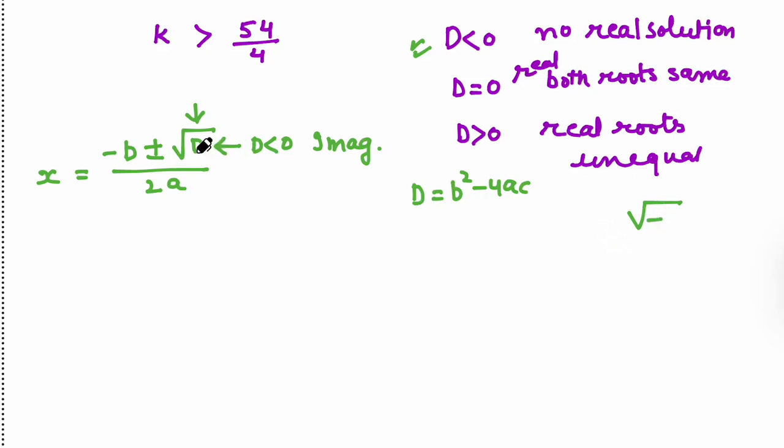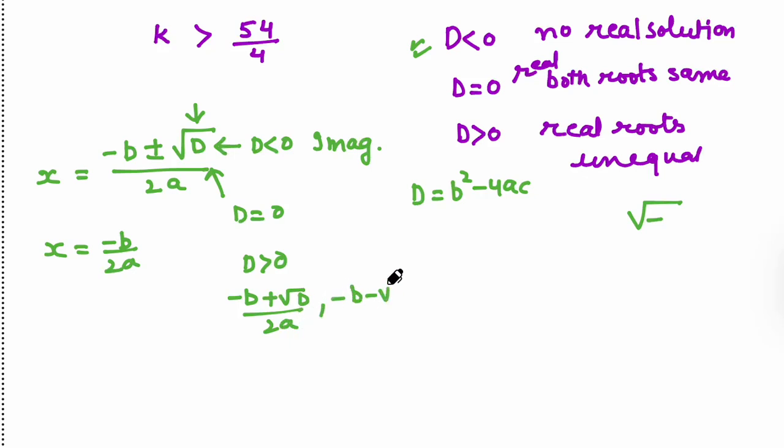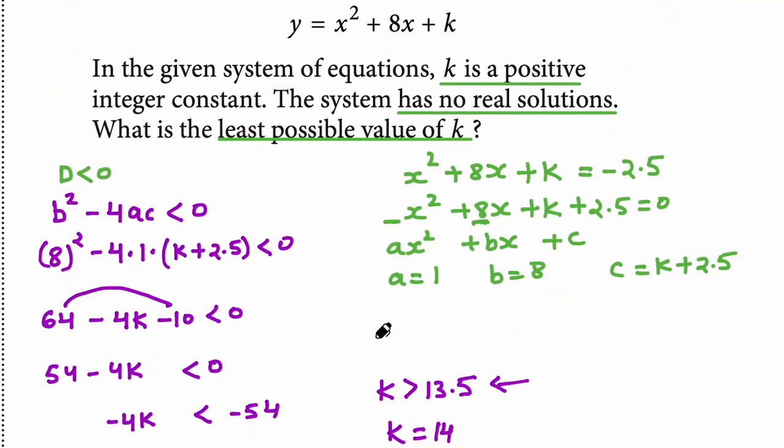Now if D is equal to 0, then both roots will be -b/2a, because adding or subtracting 0 remains the same. And when D is greater than 0, that means it is a positive number, and the roots will be one with a positive sign and another with a negative sign, but both will be real. So that is the reason we calculate D whenever we have to find whether the roots are real or not real, right?